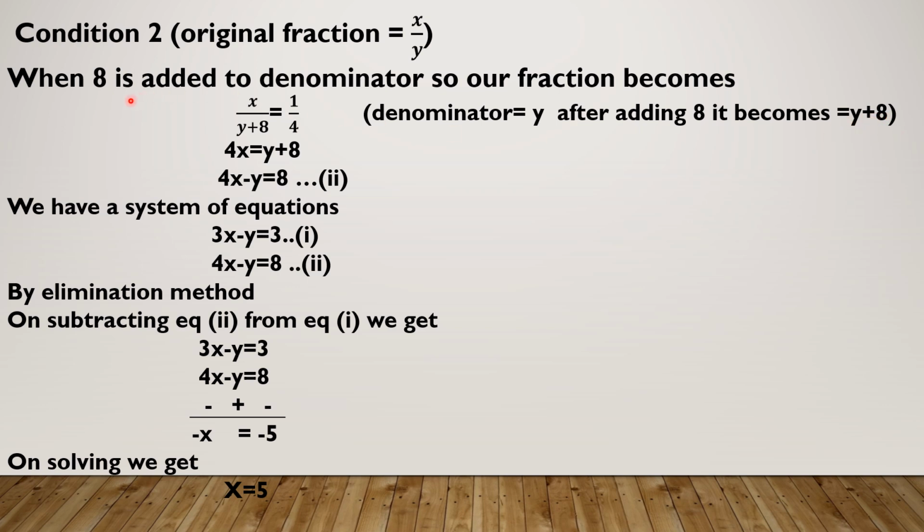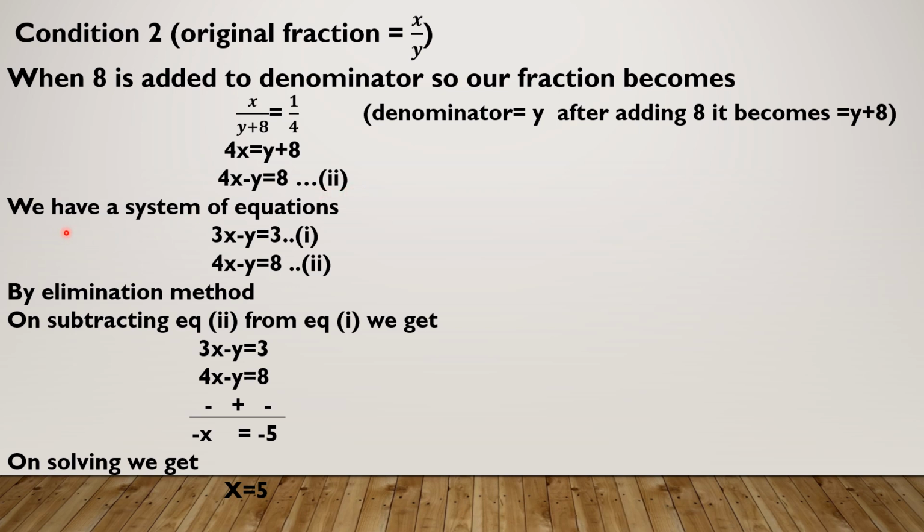When we add 8 to the denominator, our whole fraction becomes equal to 1 by 4. So algebraically we write x upon y plus 8 equals 1 upon 4. By cross multiplication we get 4x equals y plus 8, and finally on solving we get 4x minus y equals 8, which we consider as equation number second.